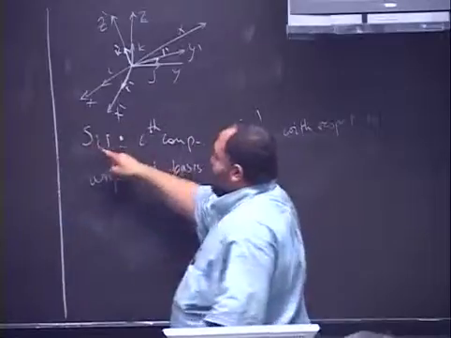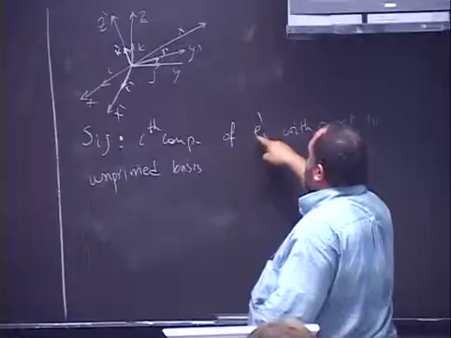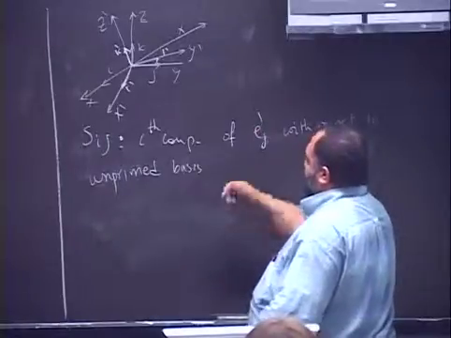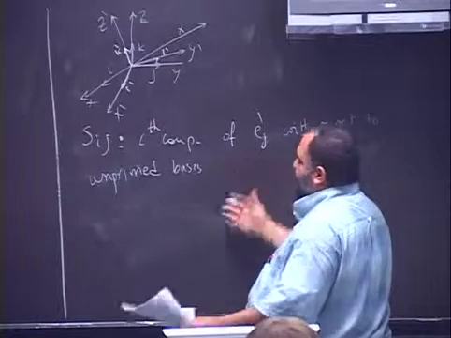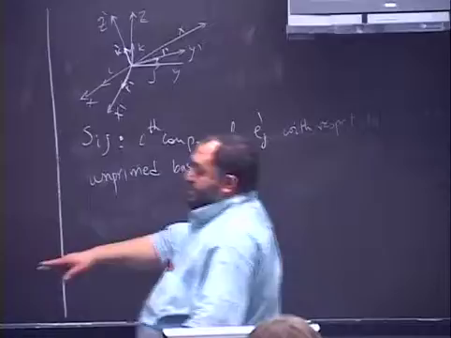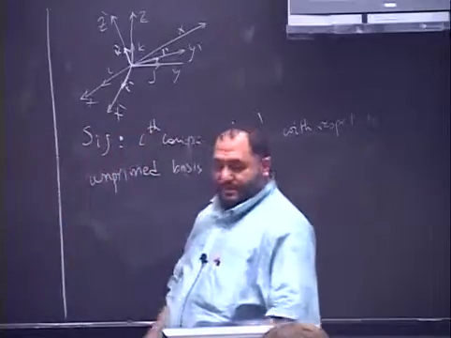So Sij will be the projection of Aj primed with the 3 components or 5 components or 10 components or n components, in this case, from the unprimed here. Okay, guys?